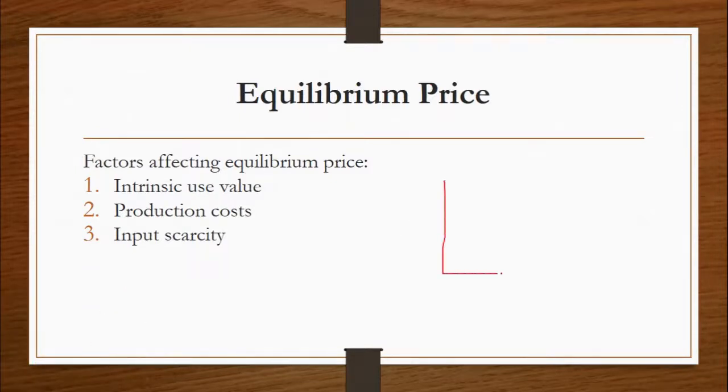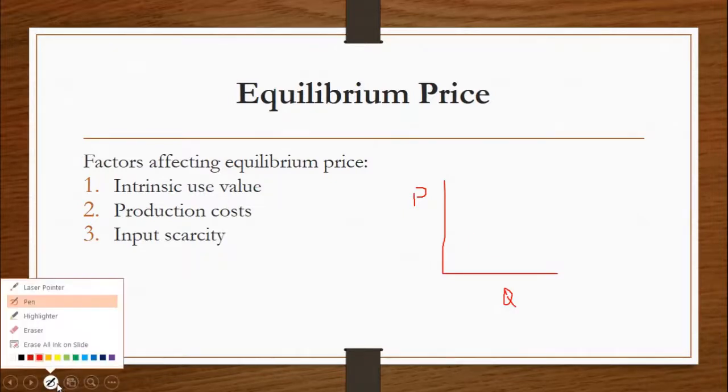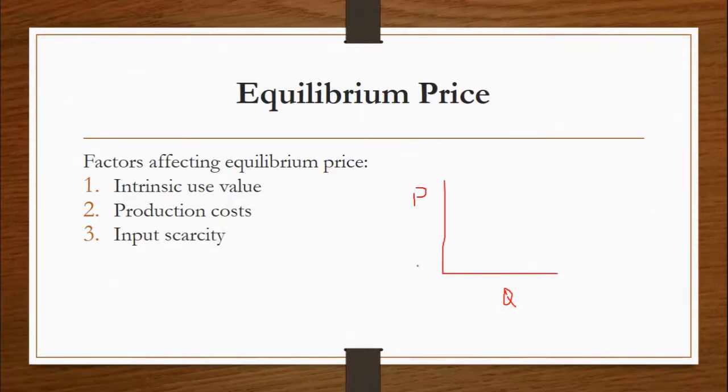This is the price and this is the quantity. You have the graph for your supply, so this is your supply curve, and then you have the graph for your demand. Say your demand is this one. So this is your demand.